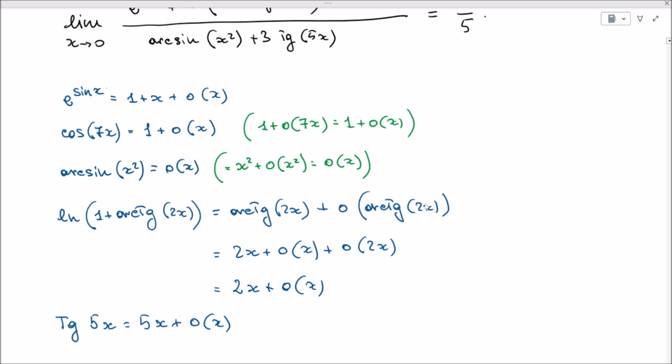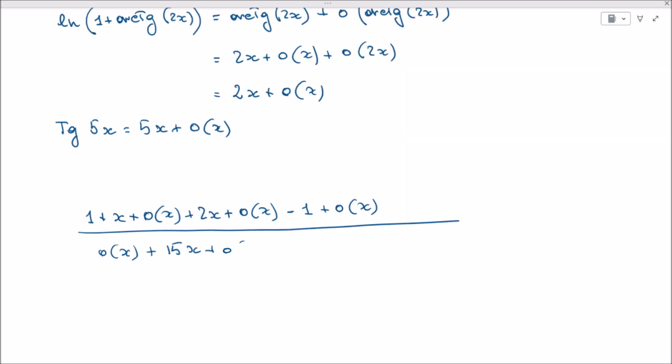We have 3 times tangent of 5x, which simply is 15x plus another little o of x. Okay, and we can cancel the two ones, right?